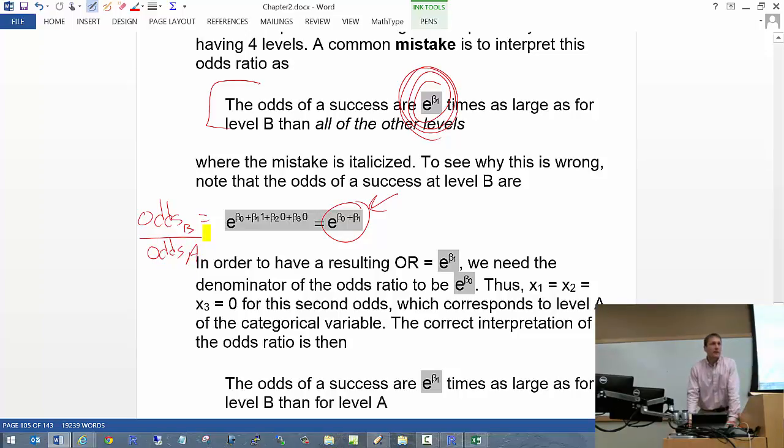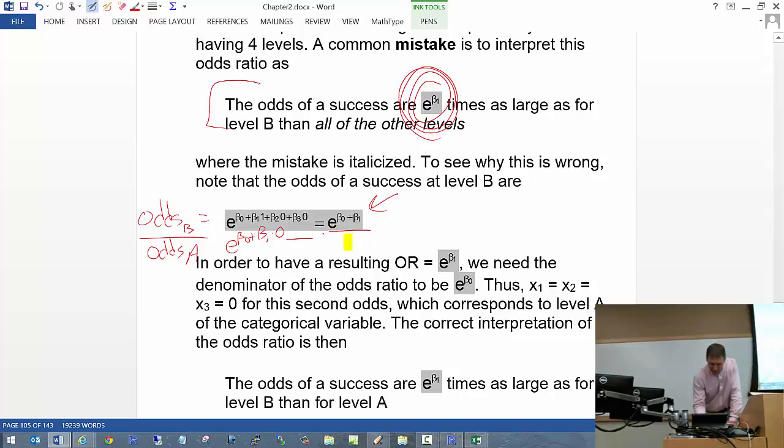The odds at A. So I could take e raised to the beta 0 plus beta 1 times 0 plus beta 2 times 0 plus beta 3 times 0. Everything else is 0 there.